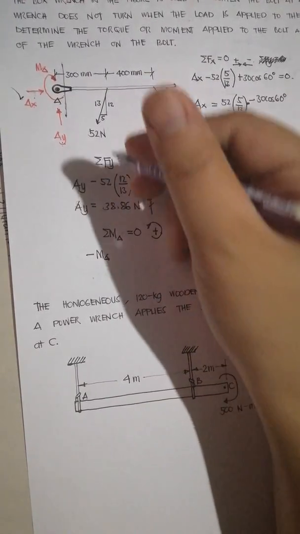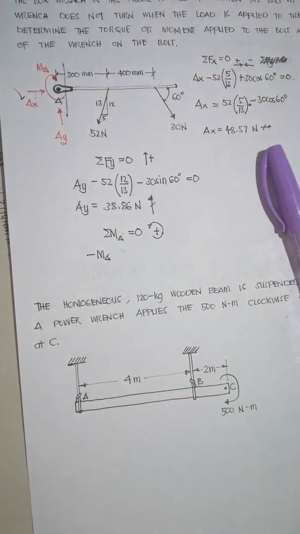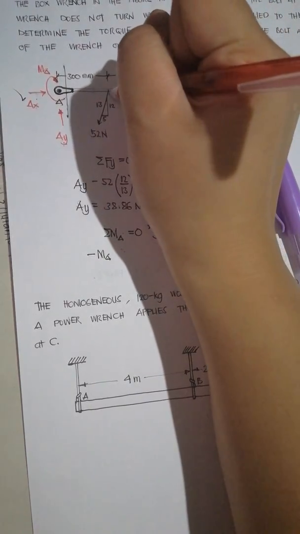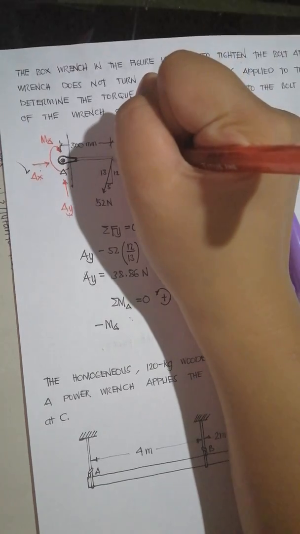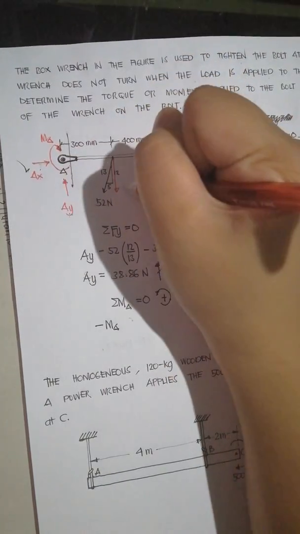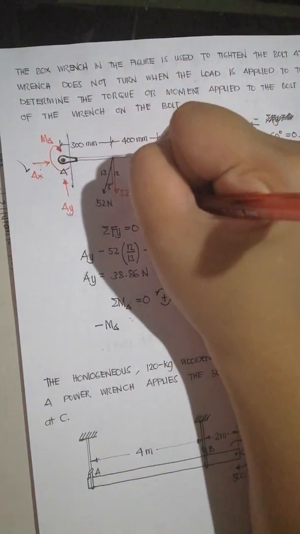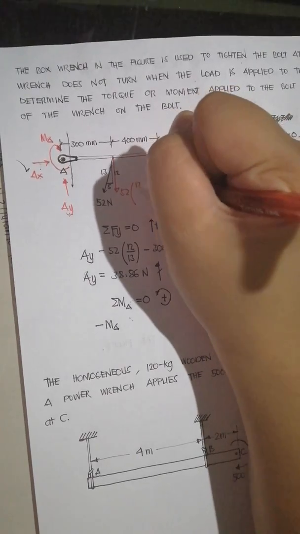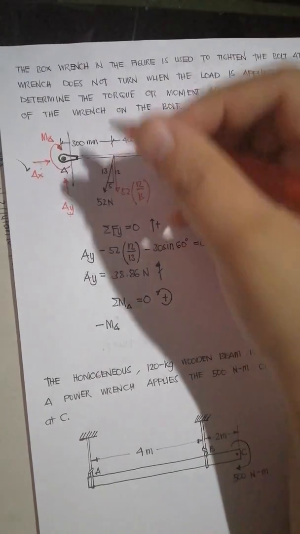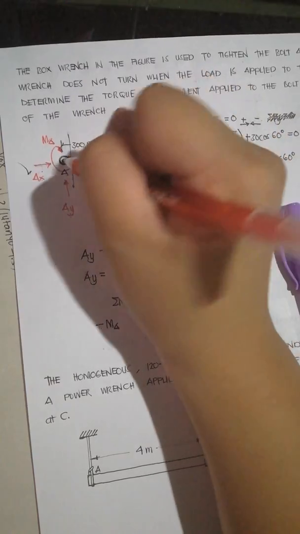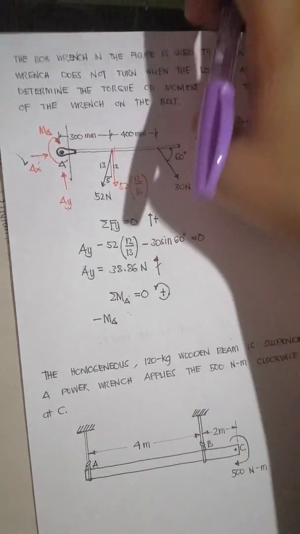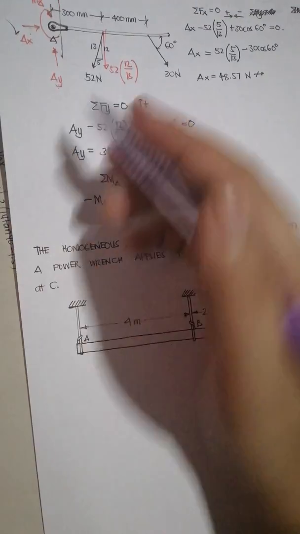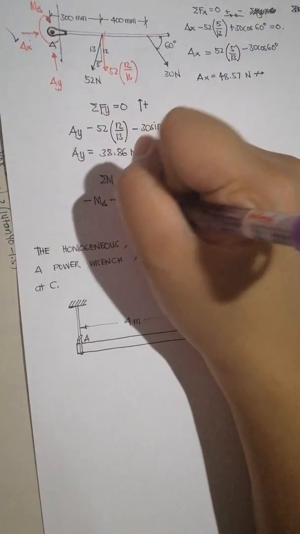Then we have, for the vertical component, the y component of the 52 Newton load, its moment about A is clockwise, so we will be using a negative sign convention for that.